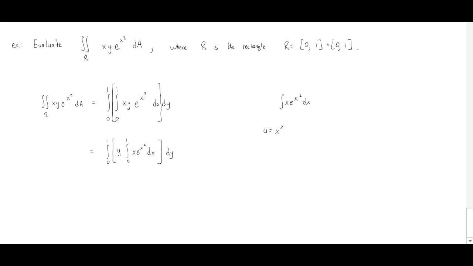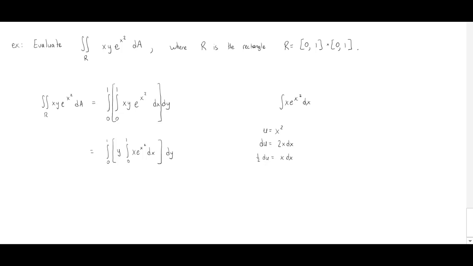If you remember how u sub works, we need to compute du. So du is 2x dx. And I already have x dx in my integral. So I'll divide the 2 to the other side. So half du is x dx. And then we make our substitution.